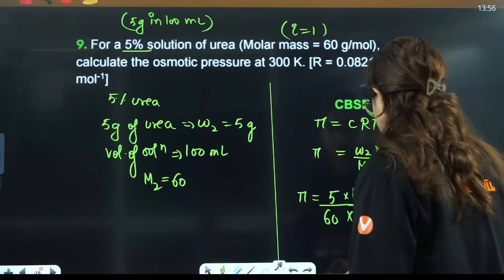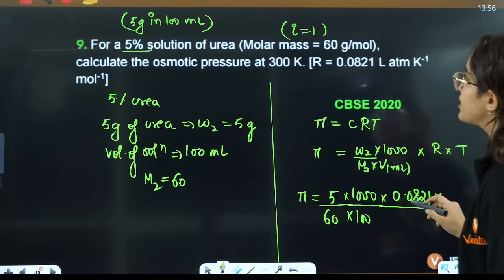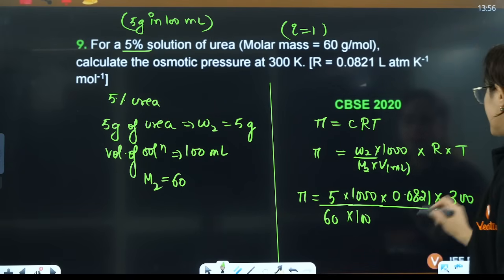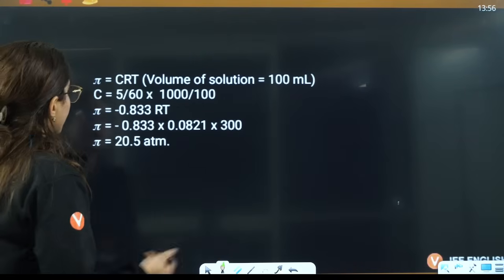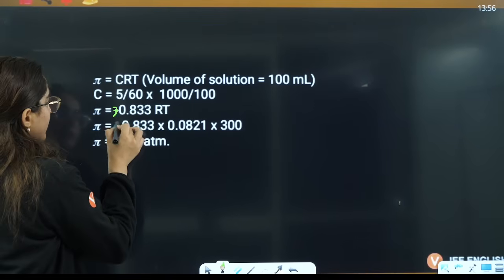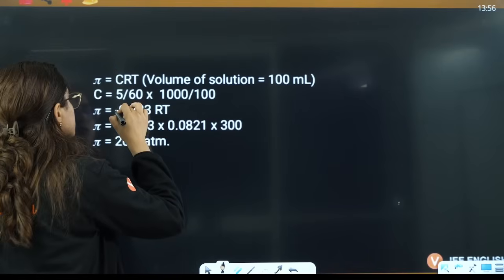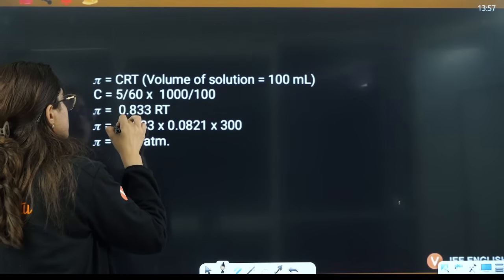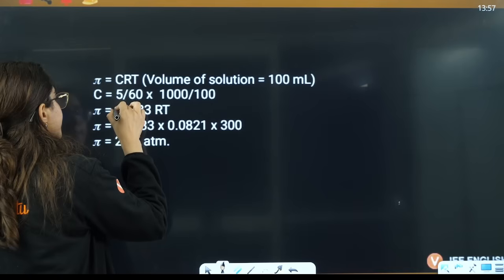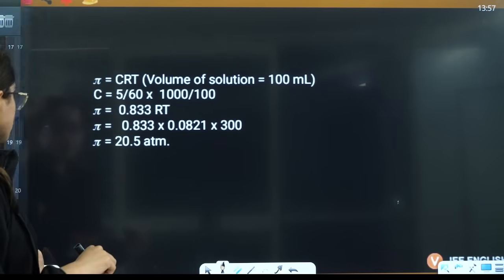Now you have the value of temperature, that is 300, right? And that's how you solve it, the value of pi, and you get your answer after solving. This should not be minus here. Okay. So that's how you get your answer here.